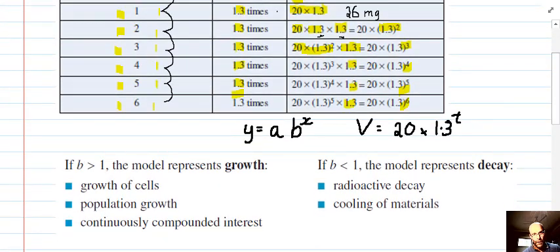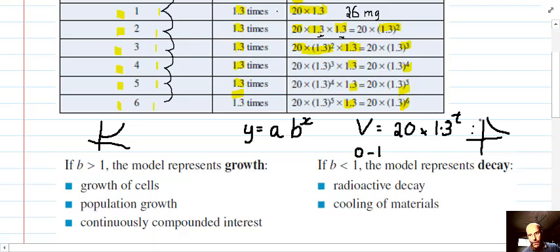Now, if we have that growth ratio bigger than 1, as we've seen in previous videos with the graphing, it'll represent some sort of exponential growth, whereas if B is between 0 and 1, from the previous videos when we've graphed these, we've seen a decay type situation.